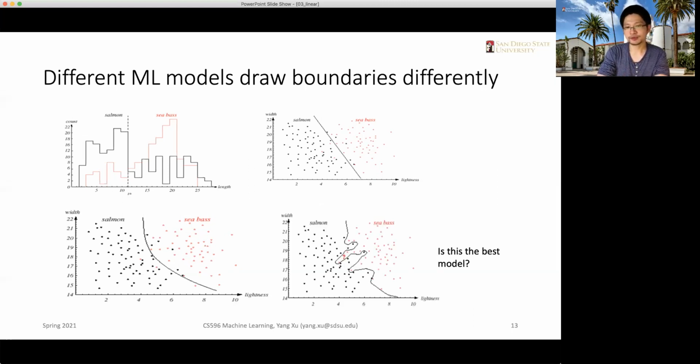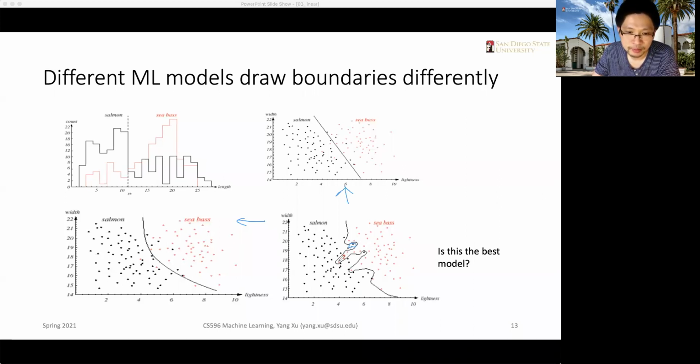Okay, so let's look at another extreme example, which is a much more sophisticated boundary. This fourth type of decision boundary is kind of worrying, but if we look at the outcome first, maybe it can outperform the decision boundary above, or maybe it is better than the boundary on the left, because you see the black dots here are correctly classified as salmon, right?